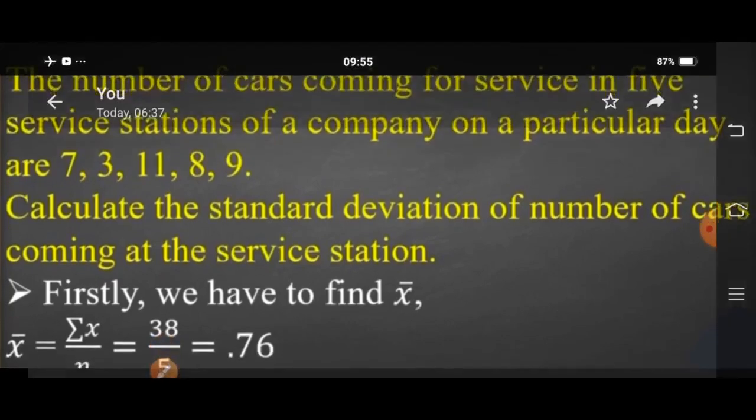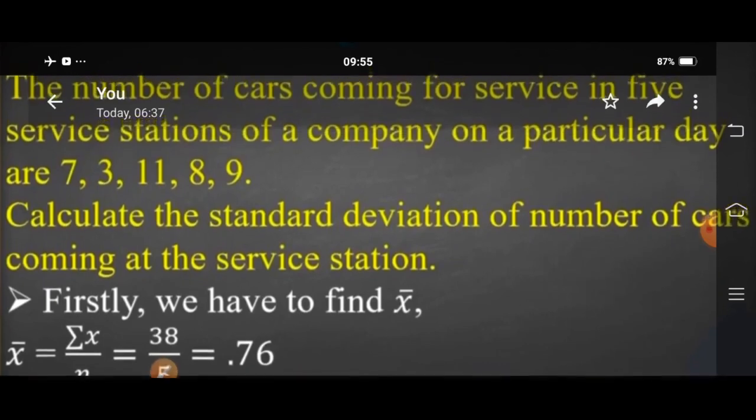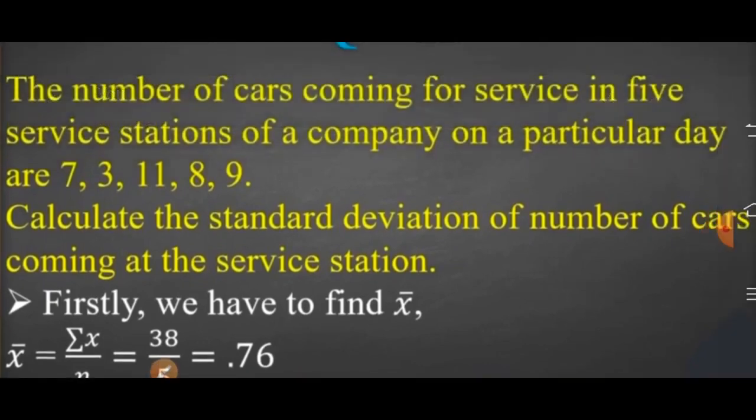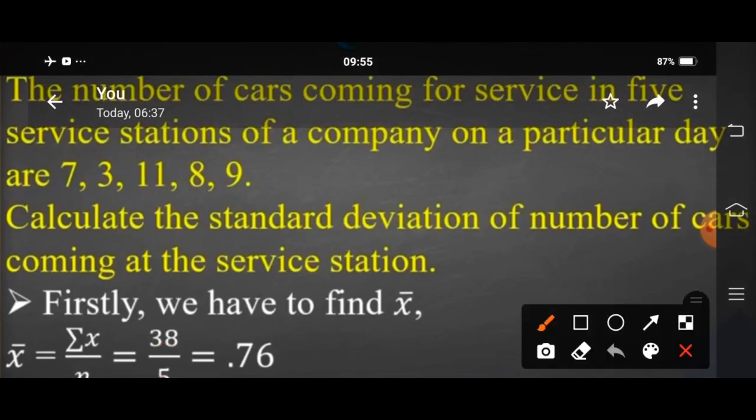So x bar equals the total of observations, 7 plus 3 plus 11 plus 8 plus 9, divided by the number of observations. There is a mistake here, this is wrong. x bar equals 7.6 cars.